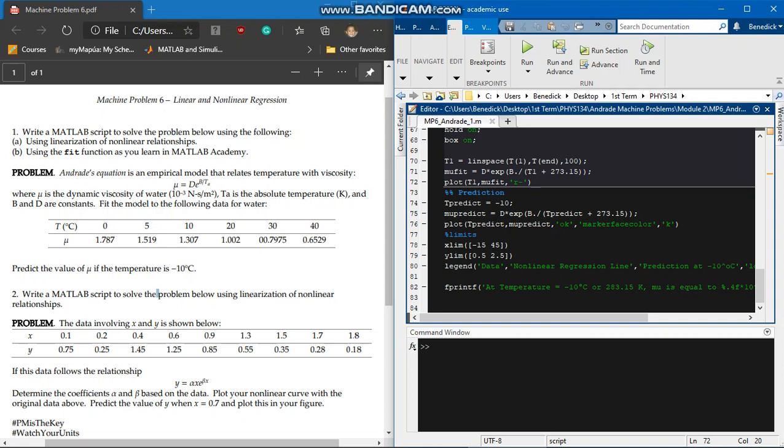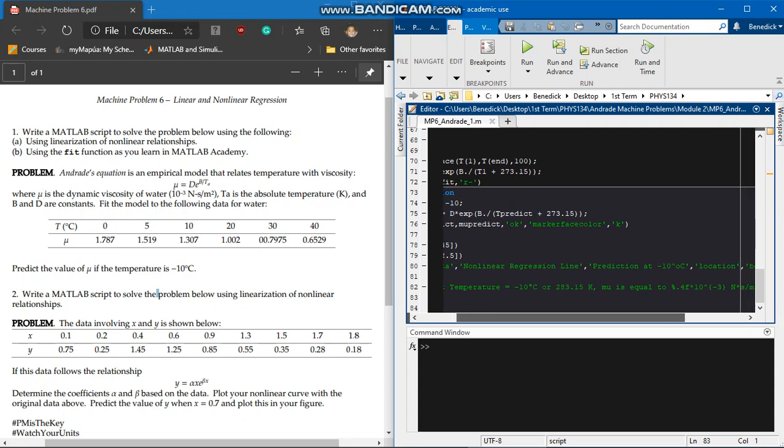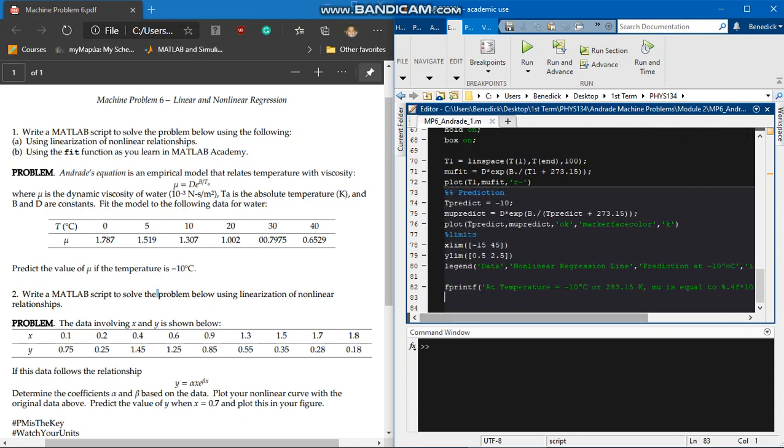This is T_a, the conversion to Kelvin. And we plot the two values here. Marker face color is k, the limits, and the legends. Let's see if this works.